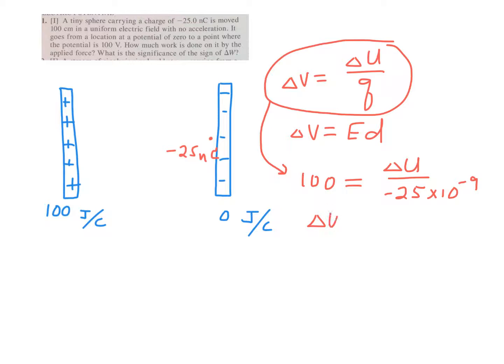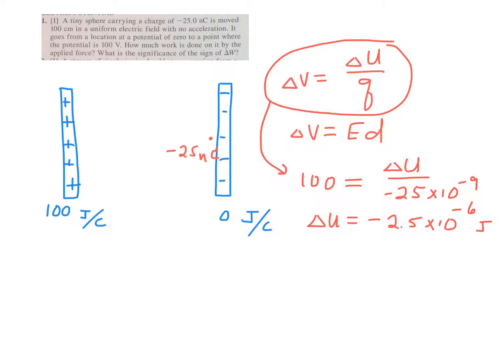So delta U will be negative 2.5 times 10 to the negative 6th joules.